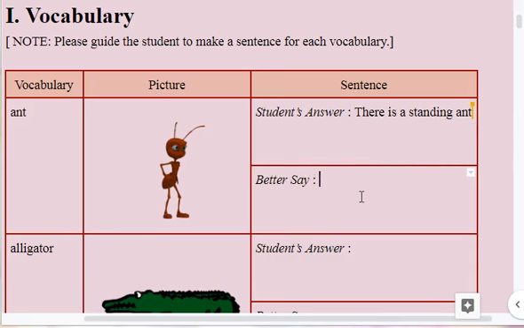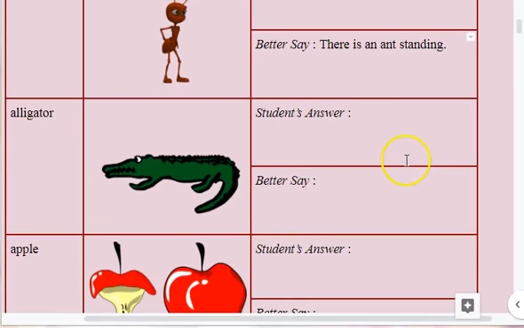Or you can better say, there is an ant standing. Next one. Alligator. Yes, alligator.